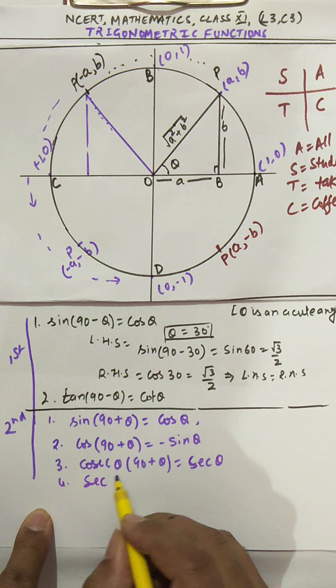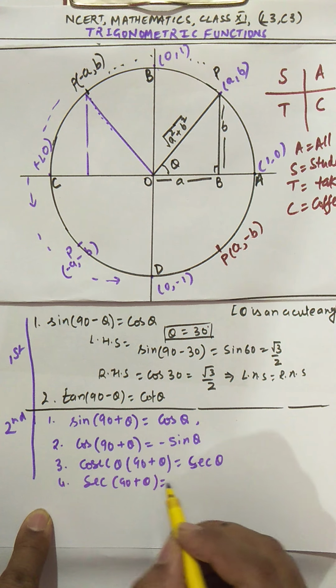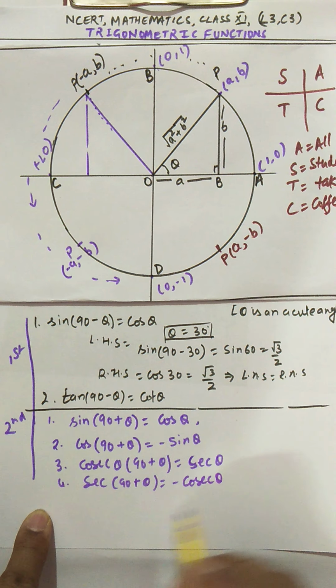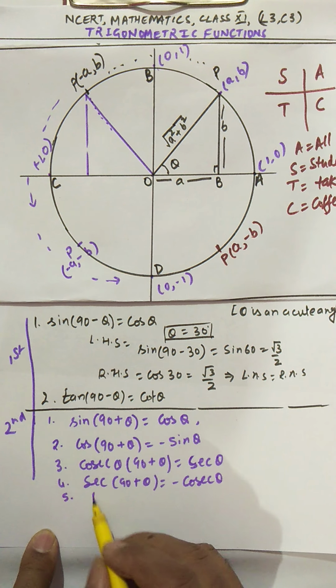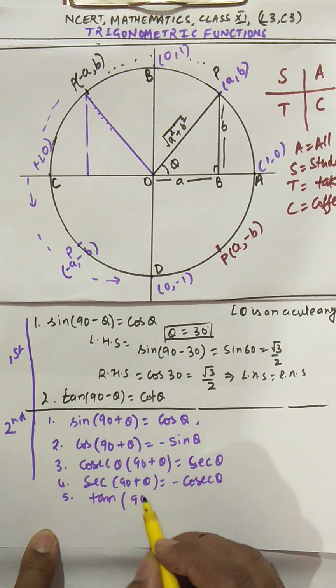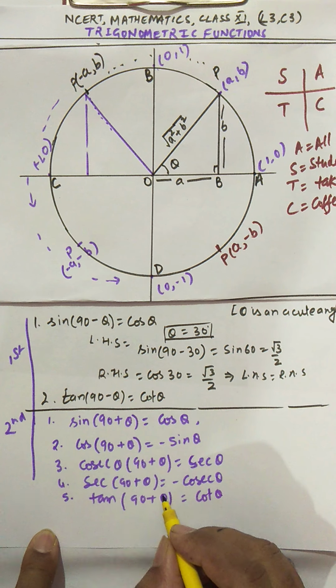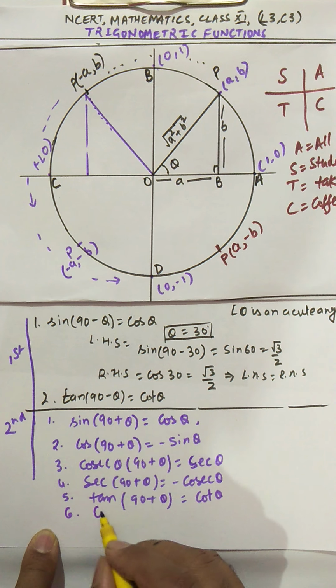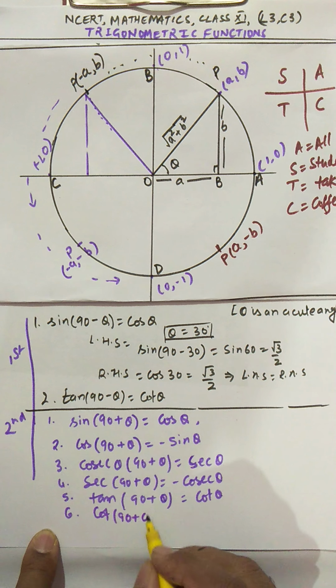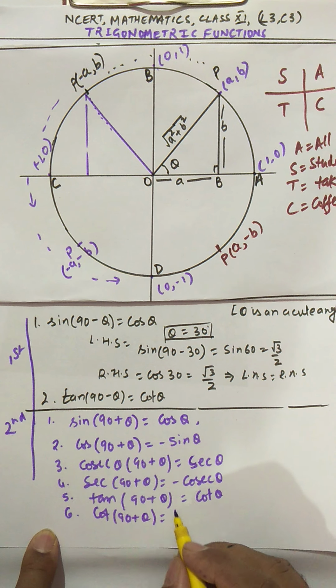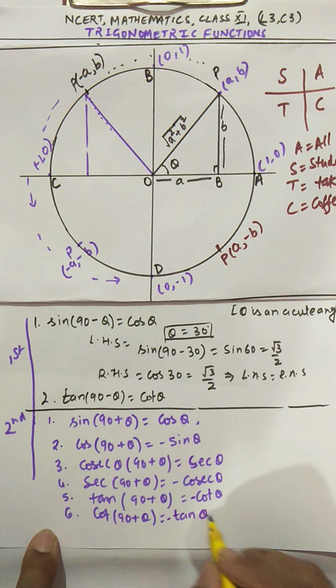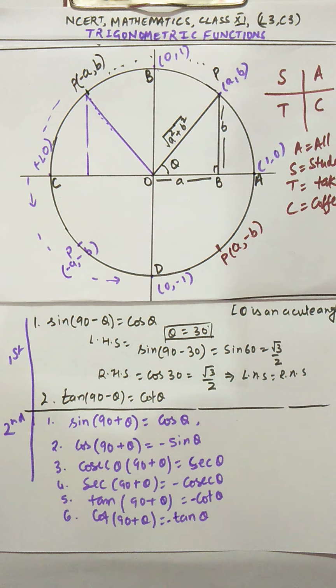Fourth, sec(90 plus theta) is going to be minus cosec theta, and the fifth one, tan(90 plus theta), is going to be minus cot theta, and the sixth one, cot(90 plus theta), is going to be minus tan theta. These results can be verified if I put theta equal to some degree value.